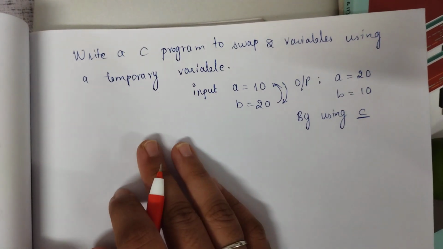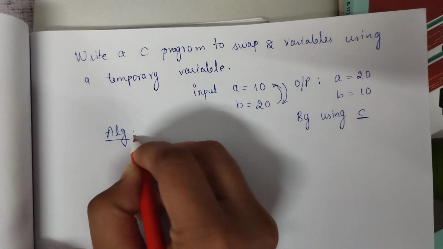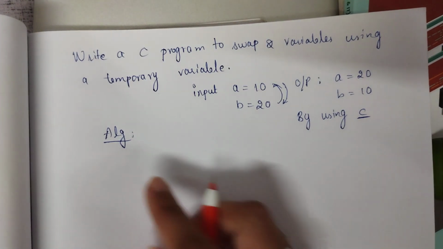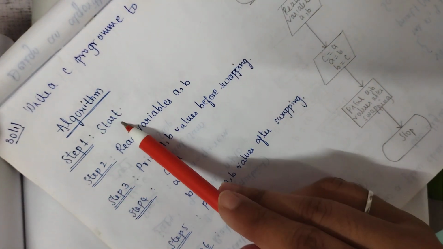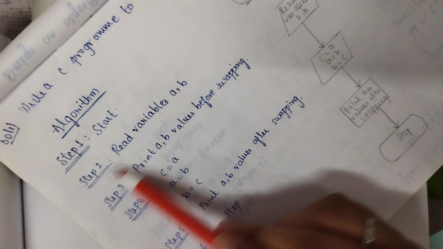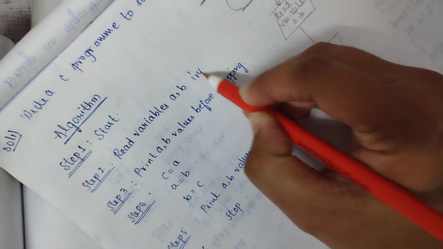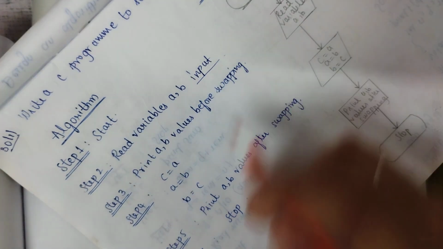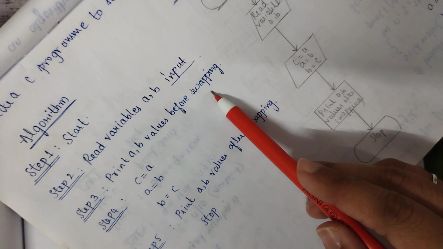So we are starting with our algorithm. Step 1 is to start. Then we have to read variables A and B, which is our input. Then the third step, print A and B values before swapping.